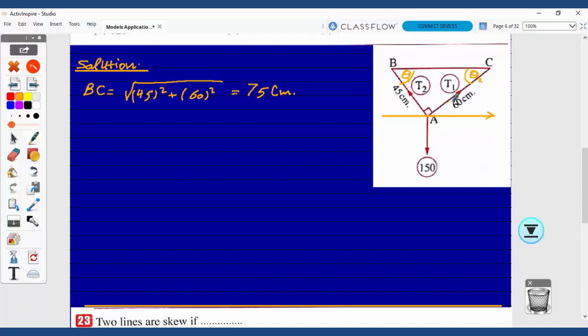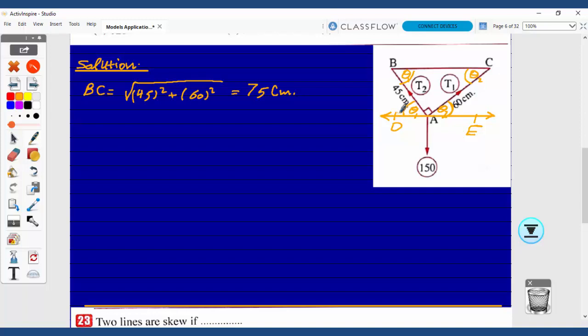So in the straight line DE, the measure of angle CAE equals theta 2, because they are in alternate position. Also, the measure of angle BAD equals theta 1. They are in alternate position.